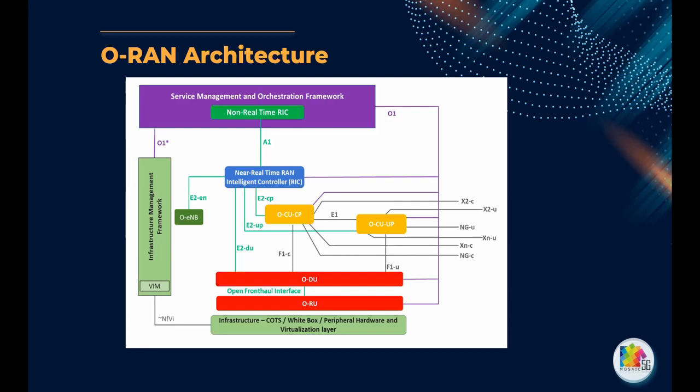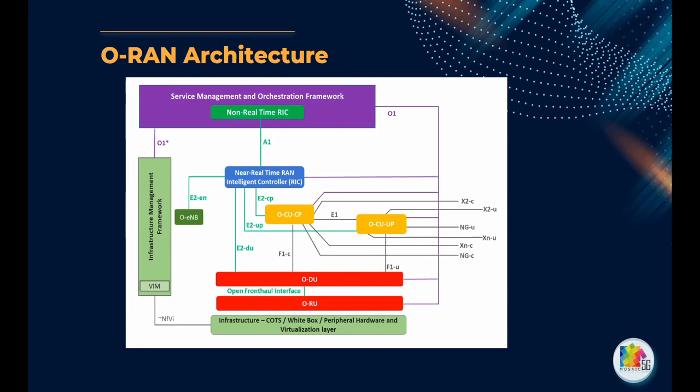It means that the vendors can define their own service model, but this protocol, E2AP, is completely vendor neutral, right?